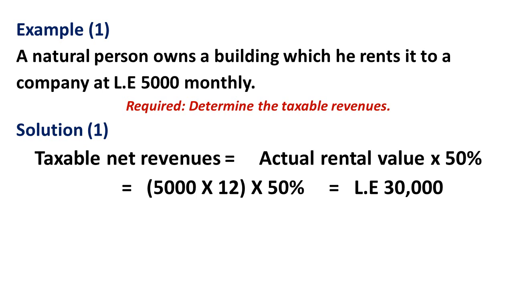So according to the example, 5,000 Egyptian pounds monthly multiplied by 12 months in the year multiplied by 50% equals 30,000 Egyptian pounds yearly.